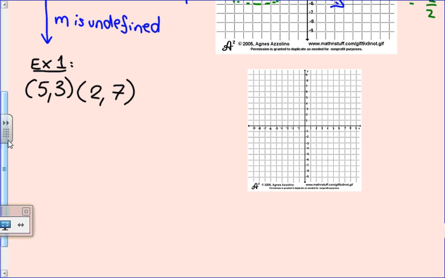It's up or down. Which axis is up or down? Y. So rise is y. So I'm going to subtract the y's first. 3 minus 7 is -4. And then run is your x's. You're going to subtract the x's, 5 minus 2.